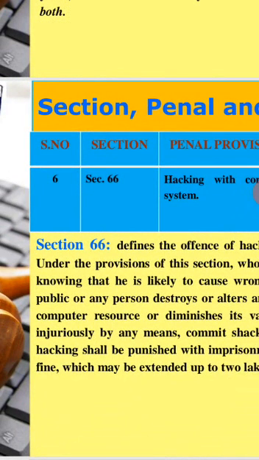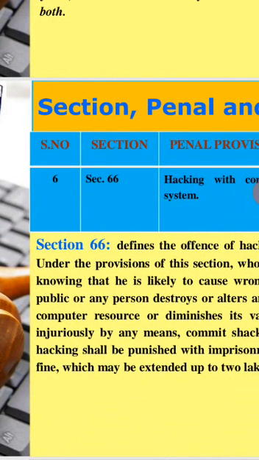There are, however, some differences between the offense of hacking defined in section 66 and the one defined in section 43 of that Act. In the former, knowledge and intention are necessary to constitute the offense, whereas in the latter, no such mens rea is necessary.